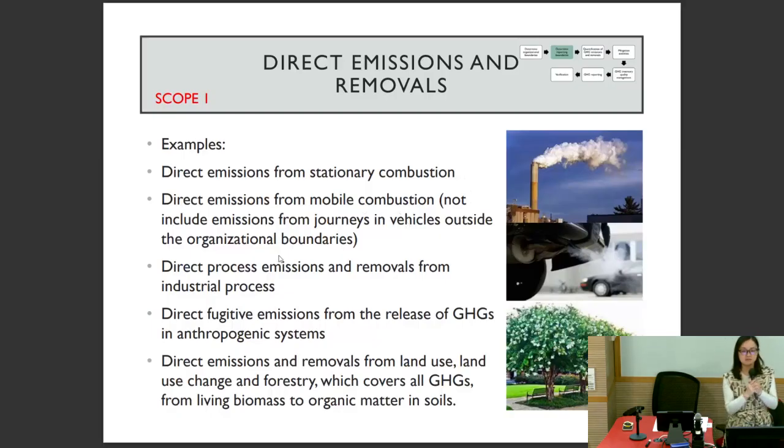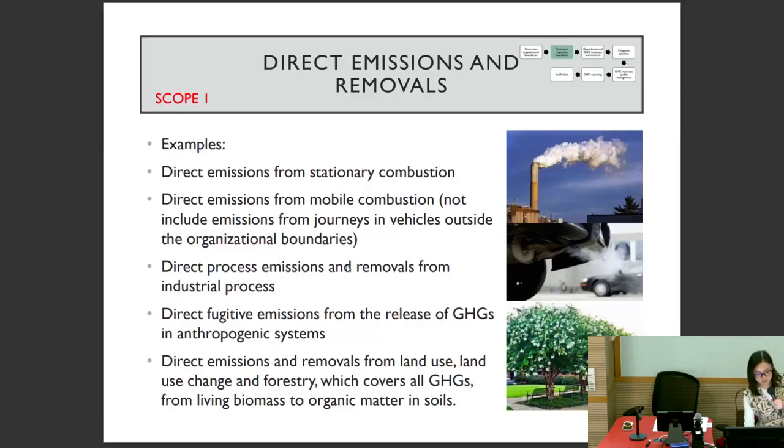If the vehicle is not owned or controlled by the organization, then it is not included. Just like the bus that you take, not owned by PolyU, then it is not scope 1. It will be under scope 3.